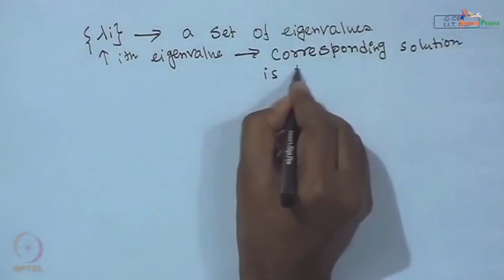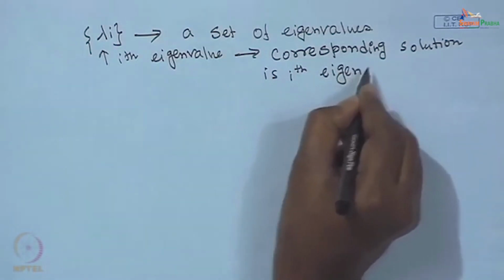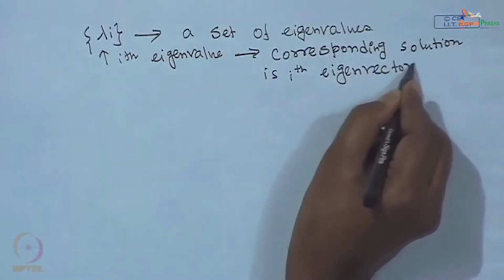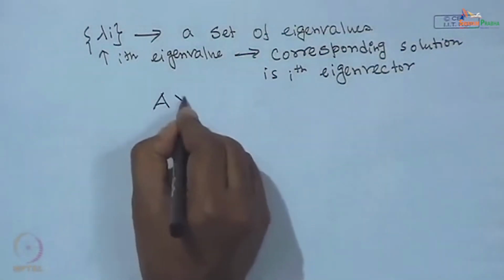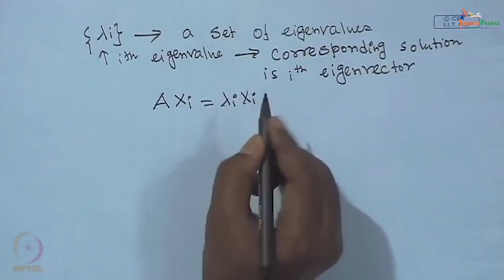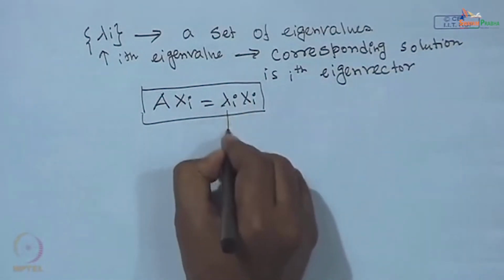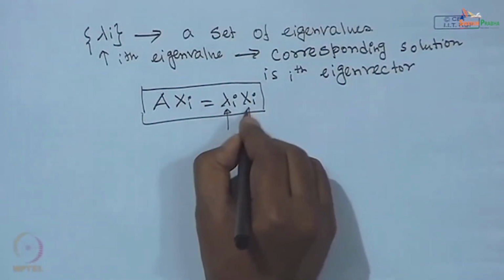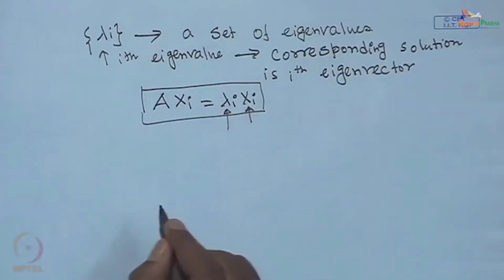So, in the equation A x i is equal to lambda i x i, this will be the solution of the problem.